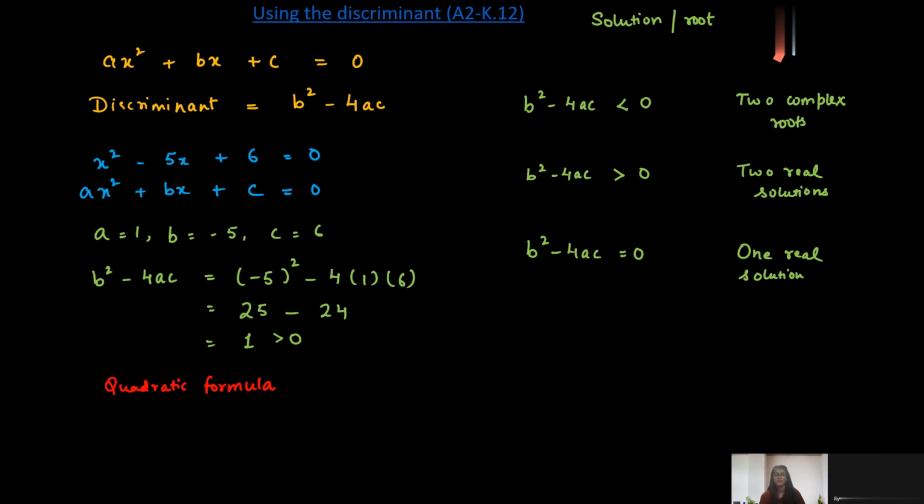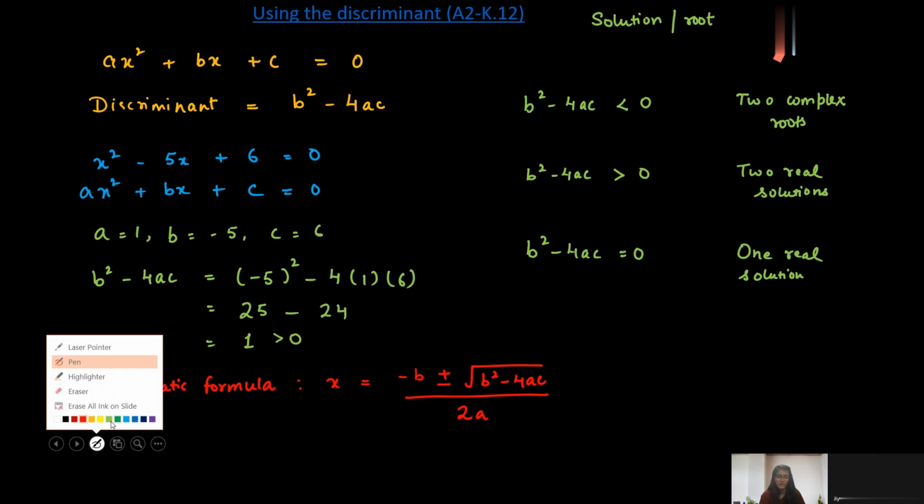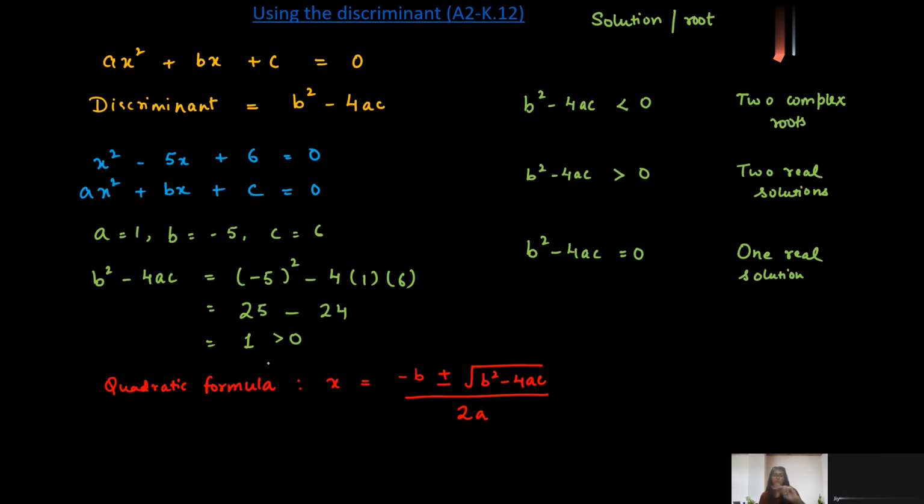At first, it looks very scary, but I'm going to write it. Your values of x are given by x is equal to minus b plus and minus square root of b square minus 4ac, divided by 2a. Yes, exactly. This is our quadratic formula, and by using this formula, we can find out the two solutions.